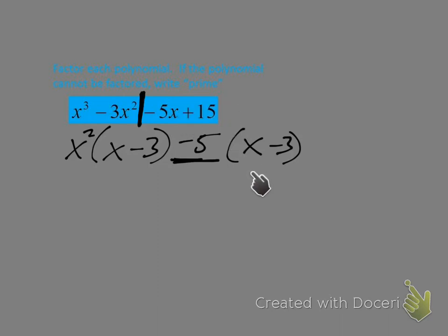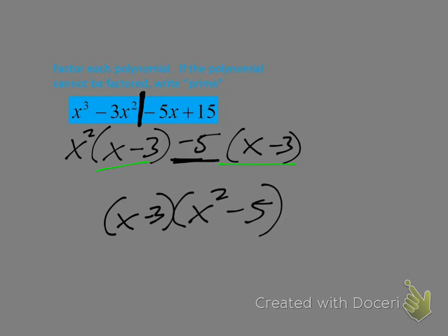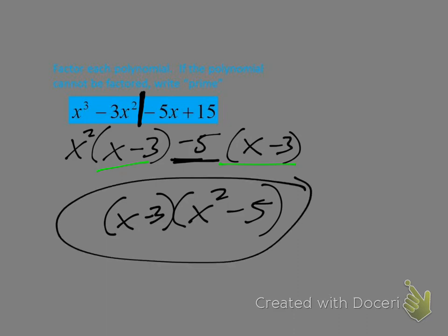Make it a negative 5 to make these binomials match up. Questions on that one? Make sure your binomials are the same, and then write that once. And then write what's outside together. That's it.